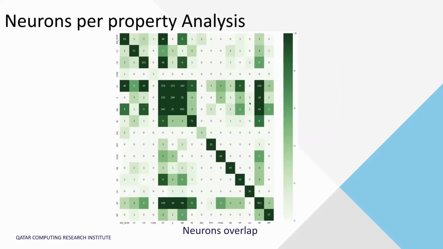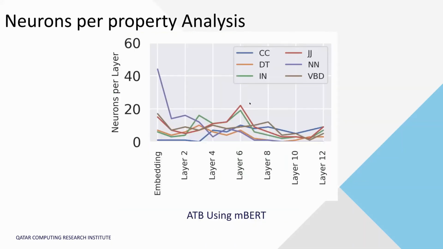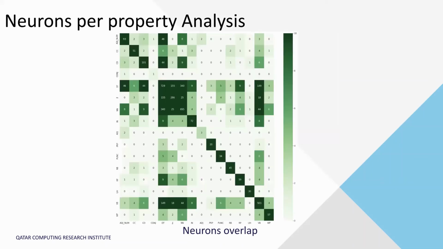Okay, so after we looked at the neurons, we would like to ask another question: how many of these neurons are common between these properties? We call it neuron overlap. Here we can see this is for the overall neurons, and there are some clusters.